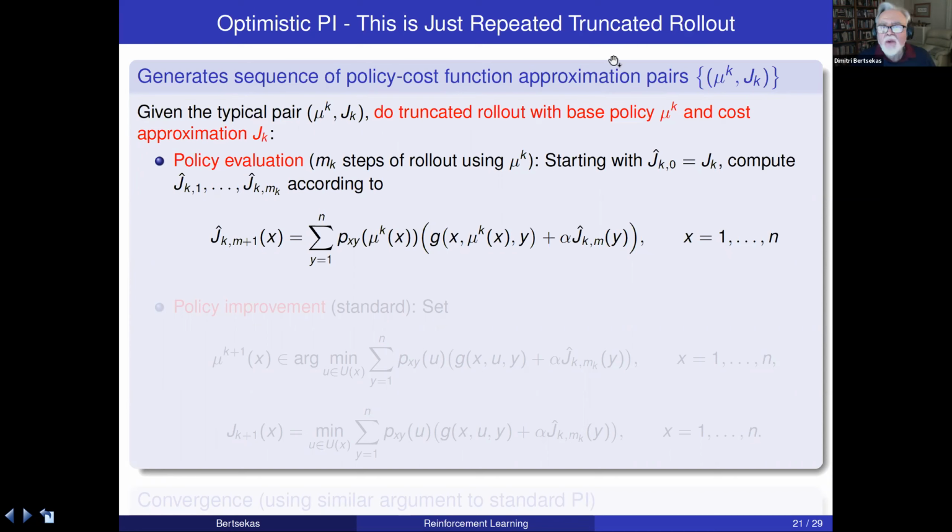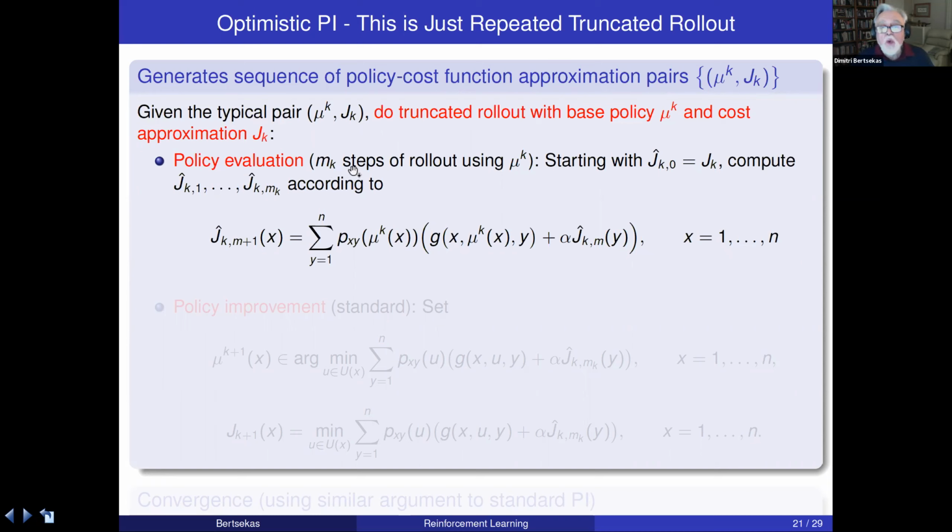Okay, now to do truncated rollout, you need a base policy and you need a terminal cost approximation. So each iteration starts with mu k and J k and generates mu k plus 1 and J k plus 1. Given the typical pair, we do truncated rollout with this base policy and this cost function approximation. How do we do that?